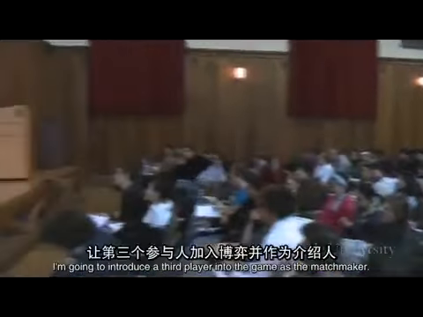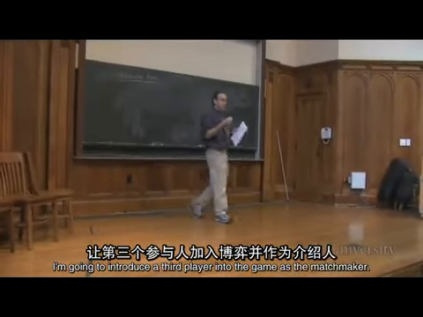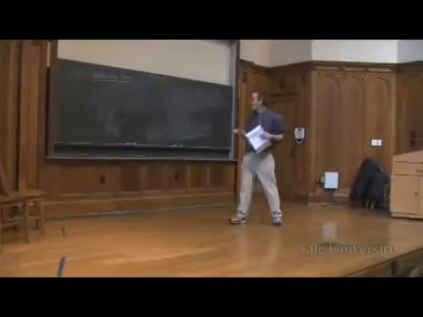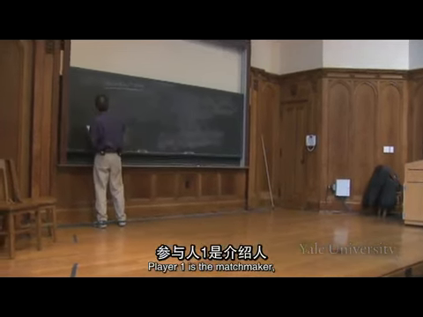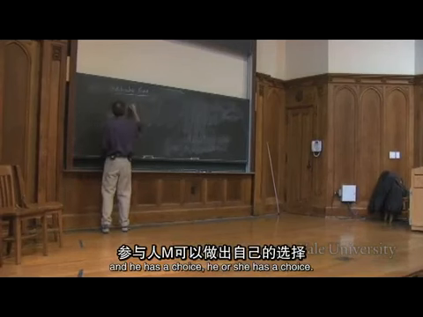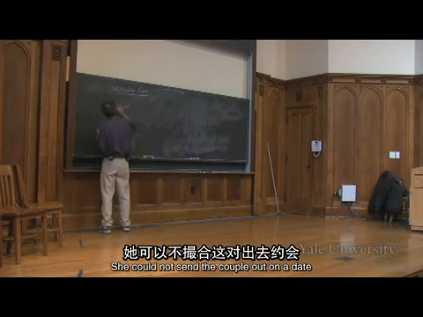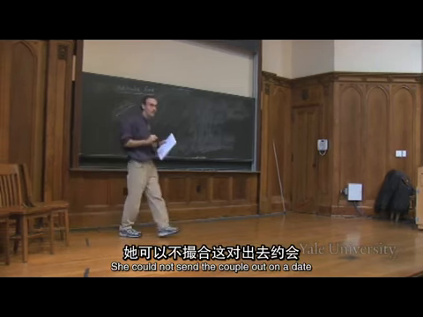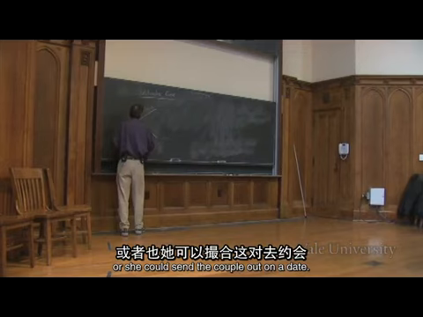So what I'm going to do is introduce a third player into the game as the matchmaker. So first of all, I'll write down what the game is. The game's going to look like this. Player 1 is the matchmaker. We can call him player M if you like. And he or she has a choice. She could not send the couple out on the date, or she could send the couple out on the date.